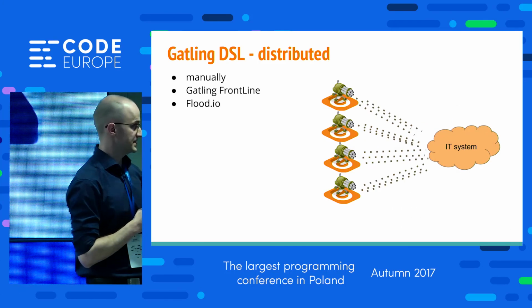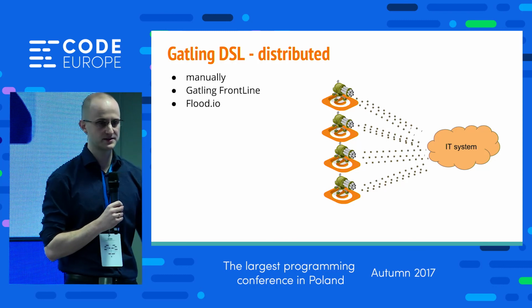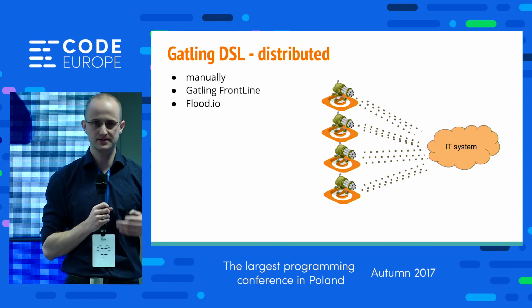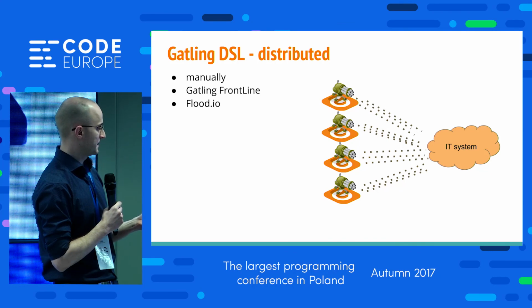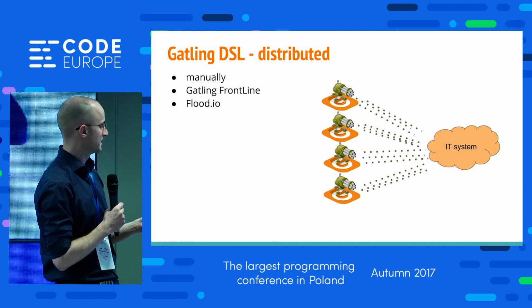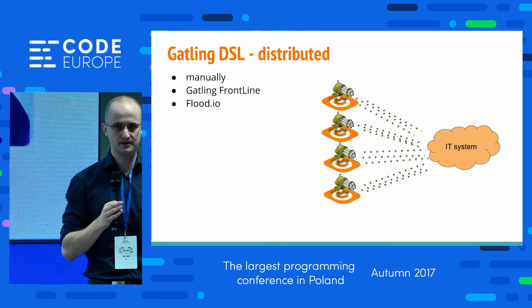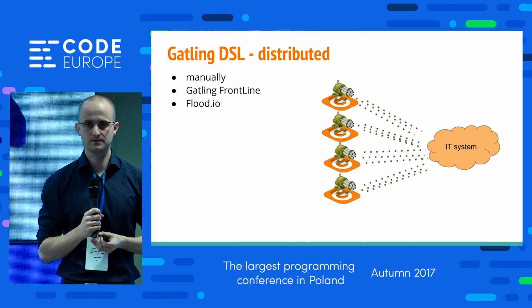Okay, so as I said, you can achieve this manually because each time you can generate these visual reports, and this is simple HTML code so that Jenkins could copy this to some location and you could have all the history. But also those tools, Gatling FrontLine and Flood.io, will provide you the whole history of your launches.